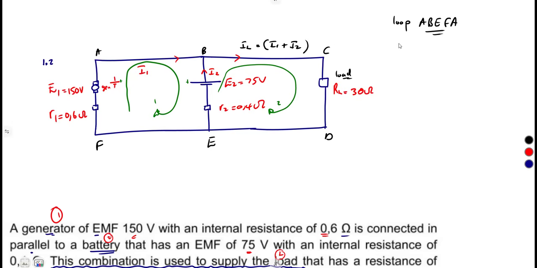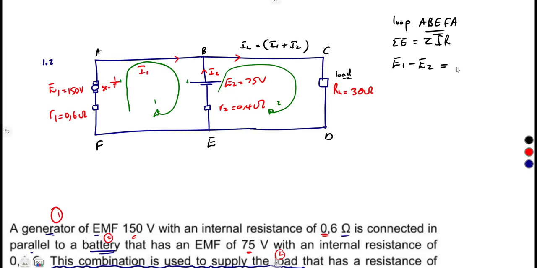So the sum of EMFs must be equal to the sum of the voltage drops. That's E1 minus E2, positive to positive, you subtract. So that's E1 minus E2, the generator minus the battery. Going in this direction, from F to A, we are going in the same direction as the current.